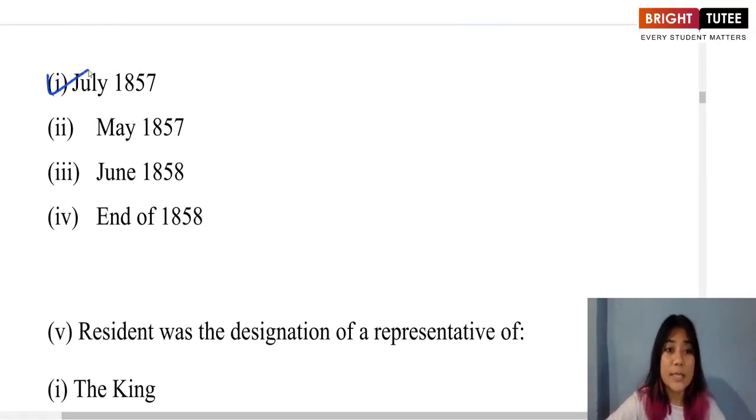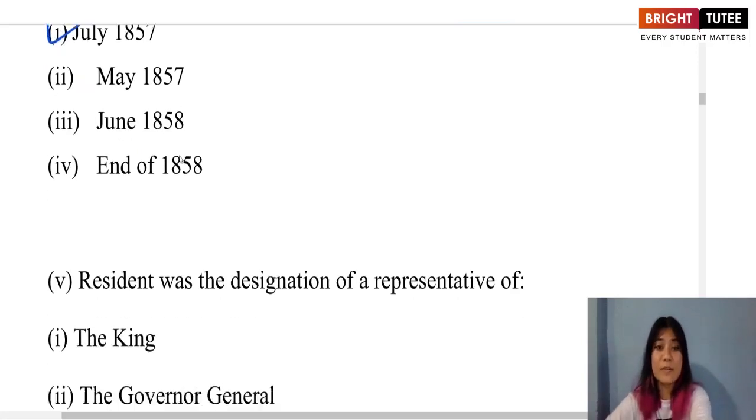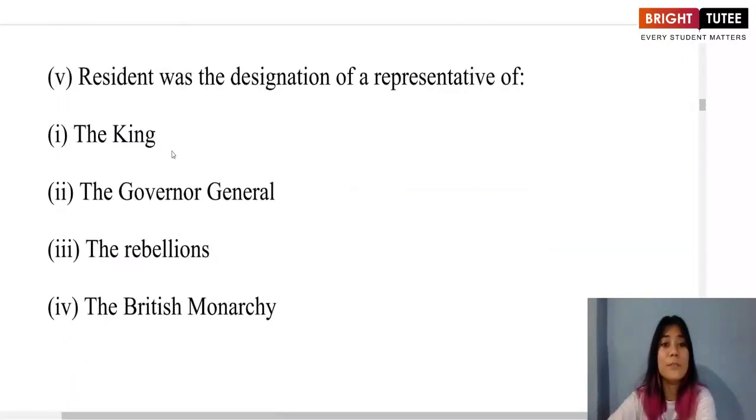The correct answer is July 1857. The next question, resident was the designation of a representative of the king, the governor general, the rebellions, the British monarchy. The correct answer is the governor general.